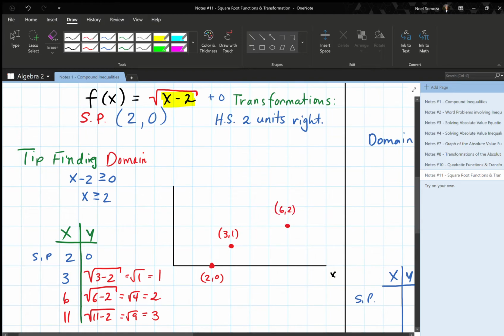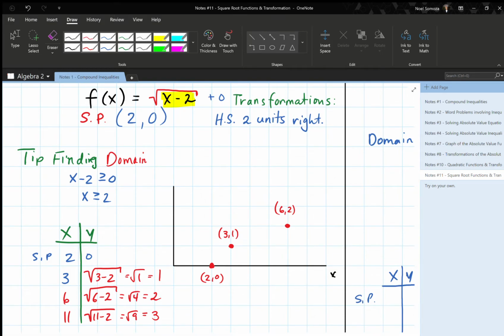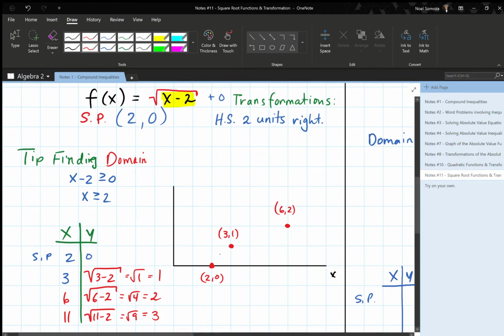And 11, 3 doesn't fit on my page, so I'm just going to leave it at 6, 2. Okay. All right, so now draw that half parabola on its side looking shape. Oh, that's terrible. Try that again. Okay, there it is.